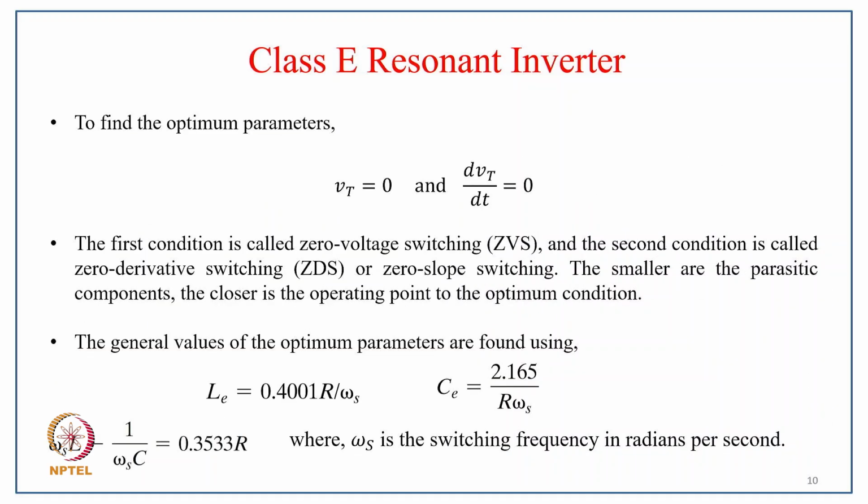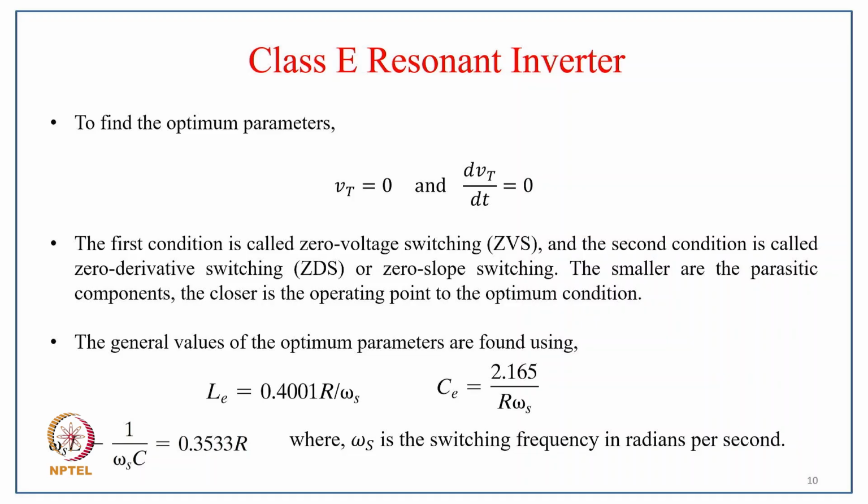To find the optimum parameters for the conditions Vt equal to 0 and dV by dt equal to 0: the first condition is called zero voltage switching, and the second condition is called zero derivative switching or zero slope switching.